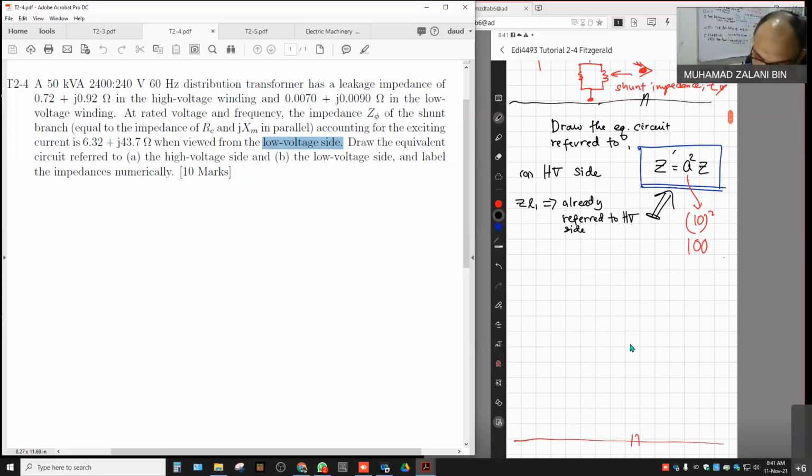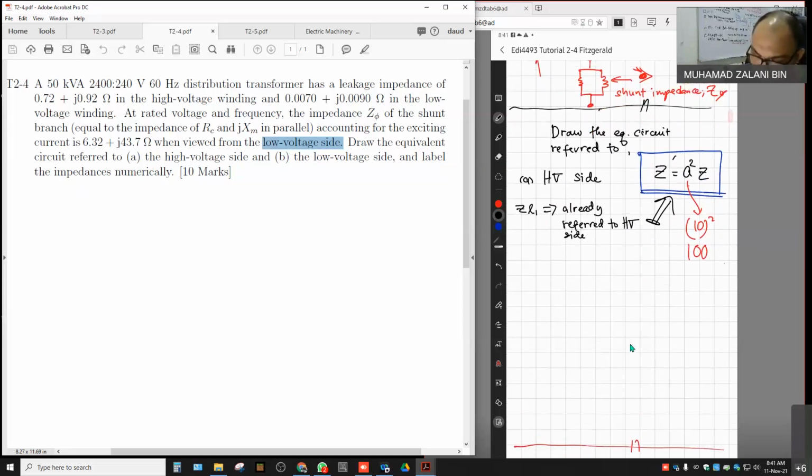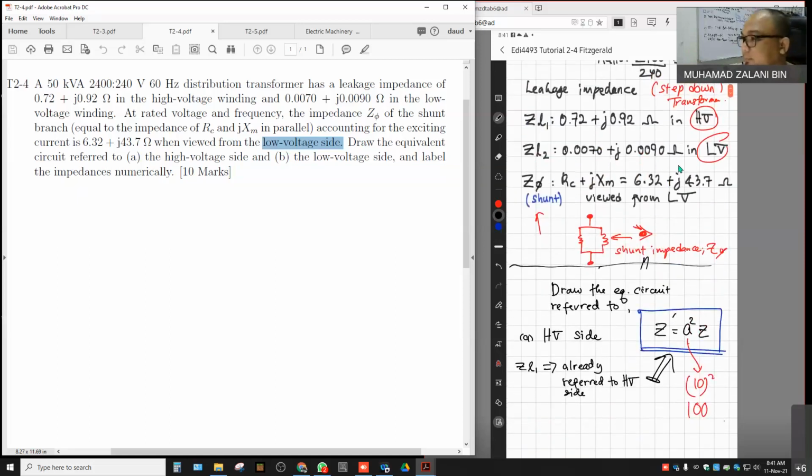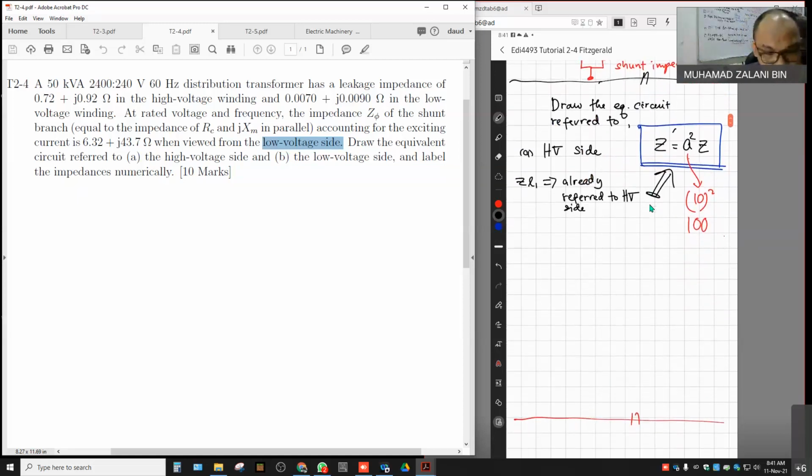How about ZL2? This one is in the low voltage side. So we are going to calculate ZL2 prime, because in this question we are going to draw the equivalent circuit referring to the high voltage side. ZL2 prime simply uses the formula a squared ZL2.